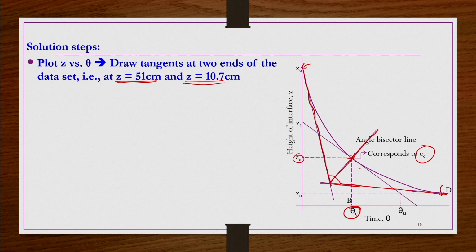At theta equals theta c, you again draw a tangent like this, and this tangent at theta equals theta c intercepts the y axis at Z1. But we need theta u information.